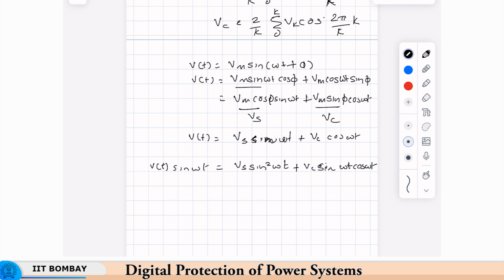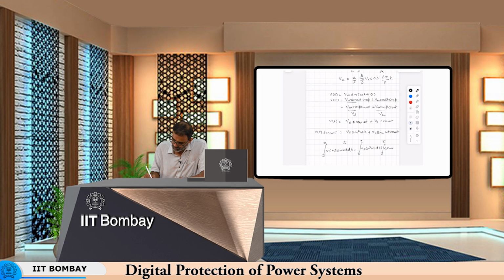Now, instead of integrating over the full time period, we will use some arbitrary time period tau. Okay. So, what we do is integral 0 to tau Vt sin omega t dt is equal to integral 0 to tau Vs sin square omega t dt plus integral 0 to tau Vc sin omega t cos omega t dt.